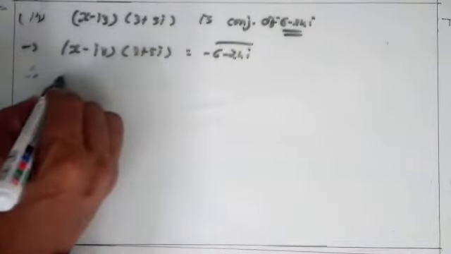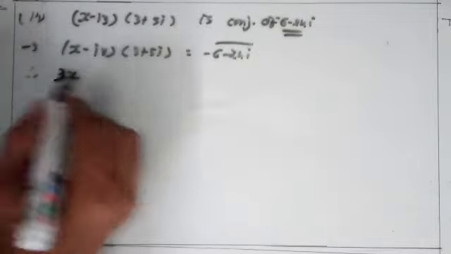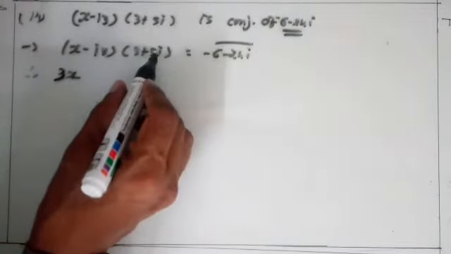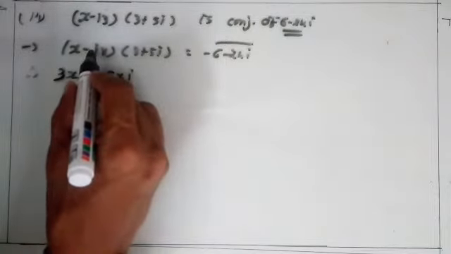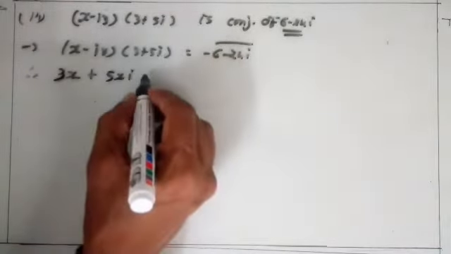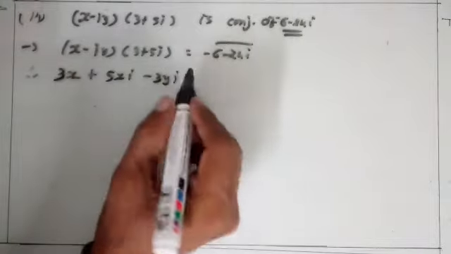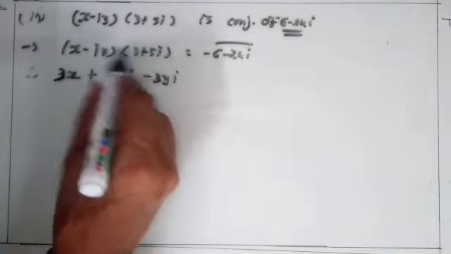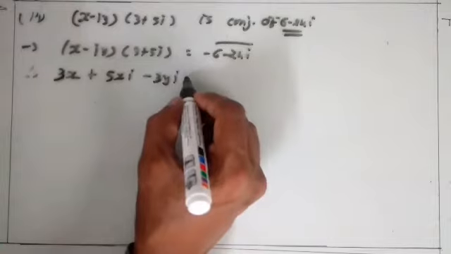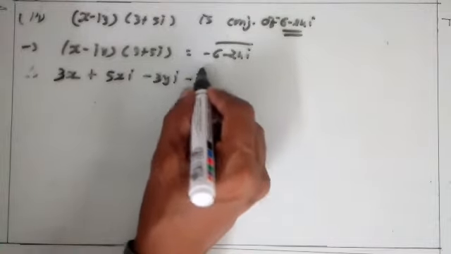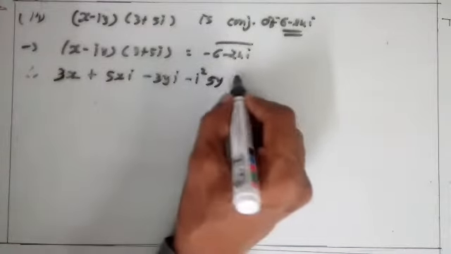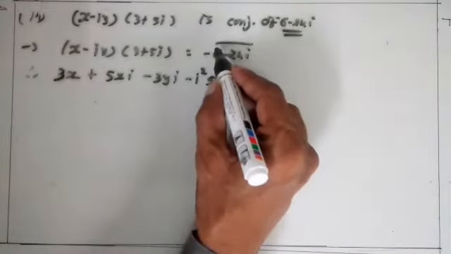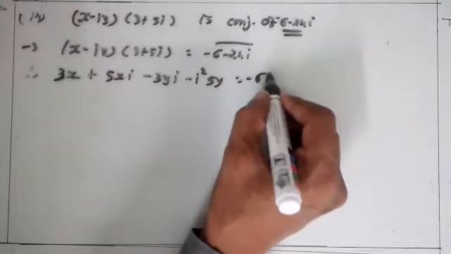x into 3, 3x, x into 5i becomes 5xi, minus iy into 3 becomes minus 3y into i, minus iy into this becomes minus i square, y into 5 becomes 5y, is equal to, conjugate of this is equal to minus 6 plus 24i.